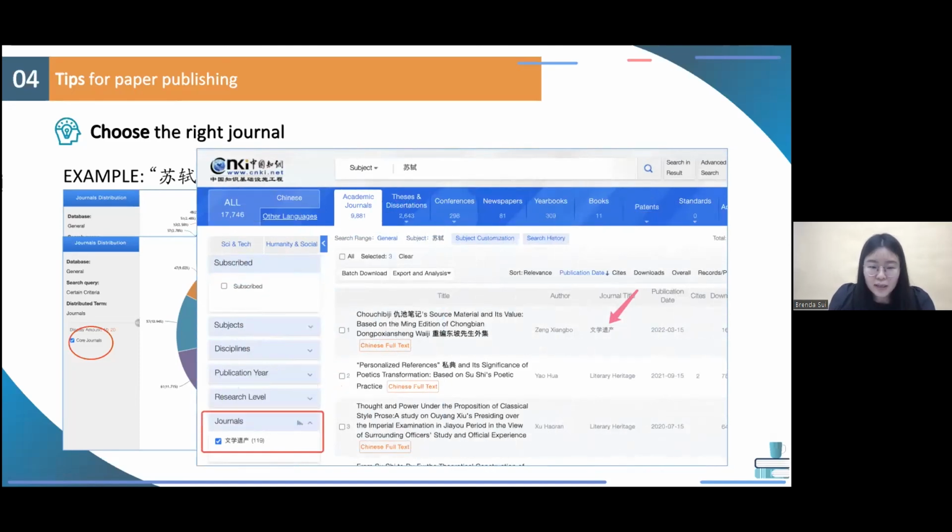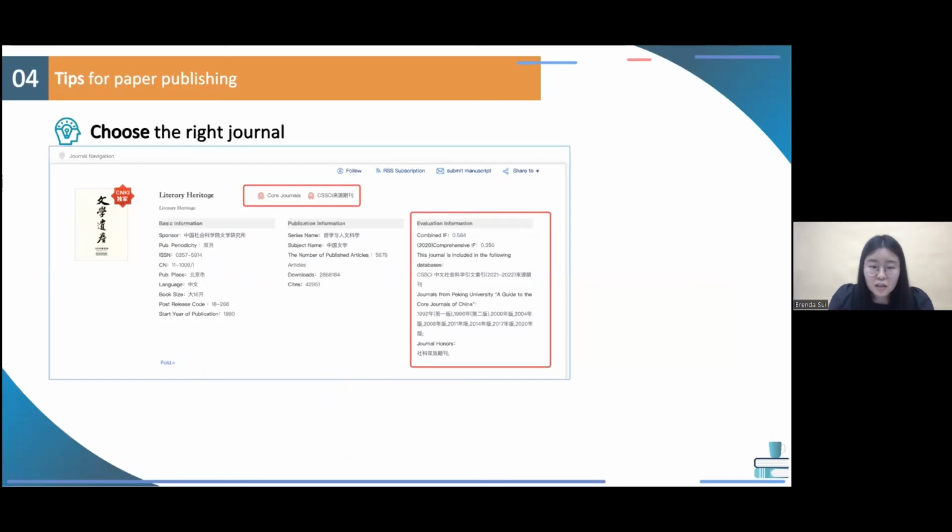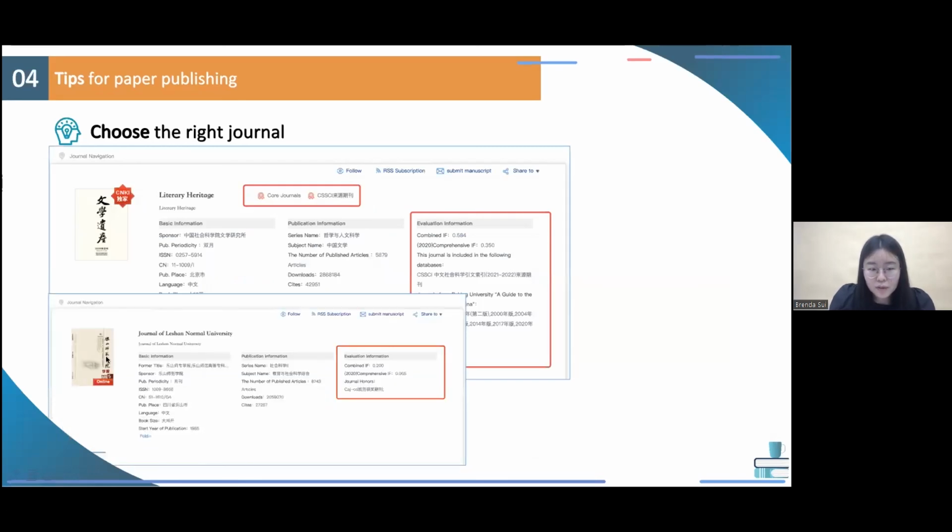In the same way, we can take a closer look at the journal, its basic information, and we can compare with the journal we have previously chosen. Here, the impact factor. But we have to keep in mind, the higher the impact factor is, the harder to get our paper published.